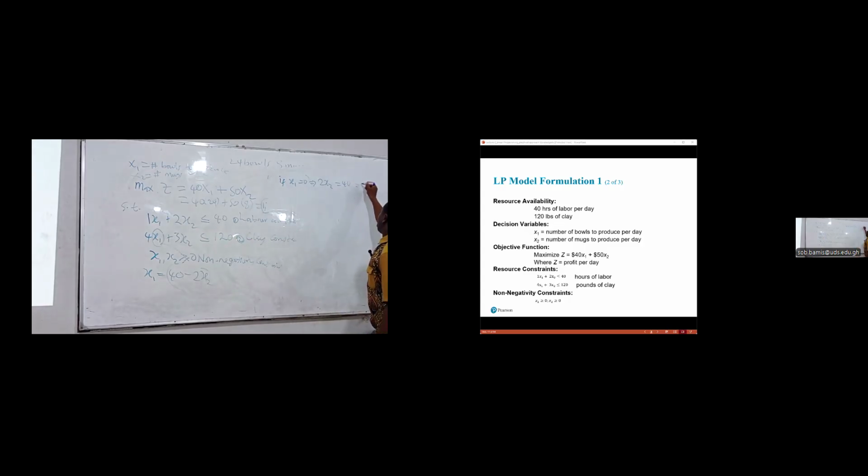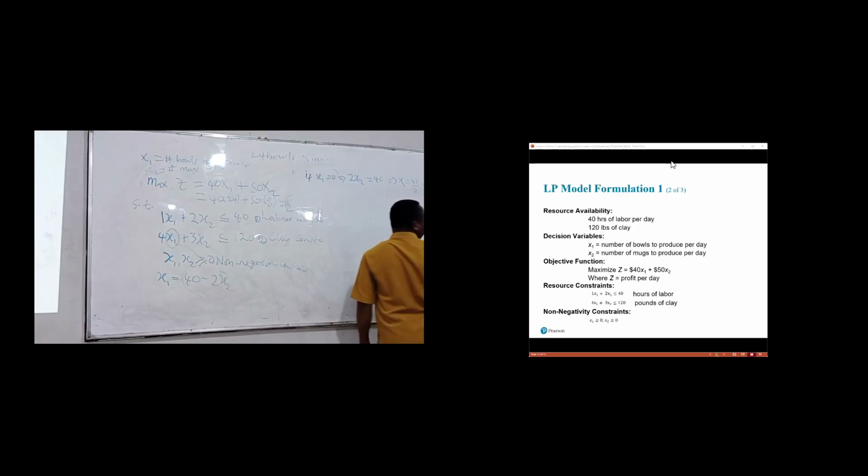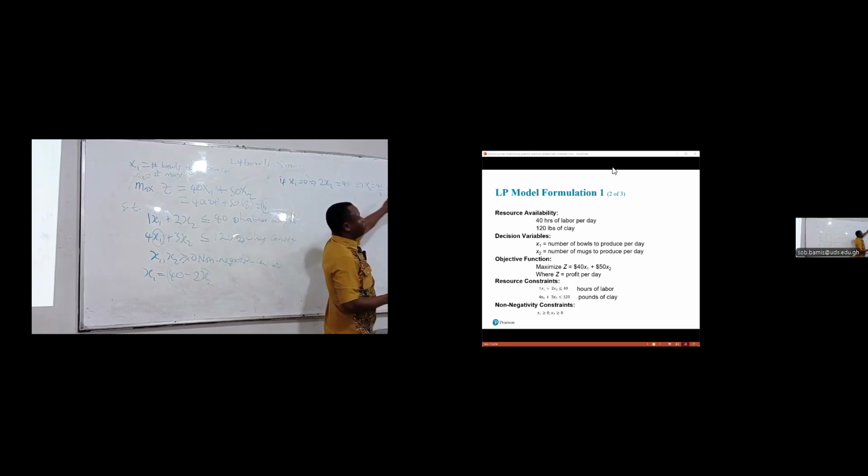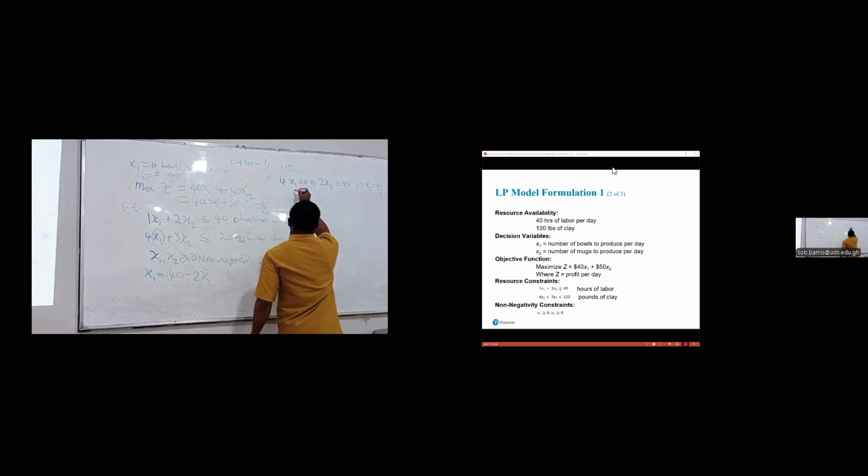Which will mean that x2 is equal to 40 over 2, which is equal to 20. Which means that our first coordinate is 0, 20, for the labor constraint.